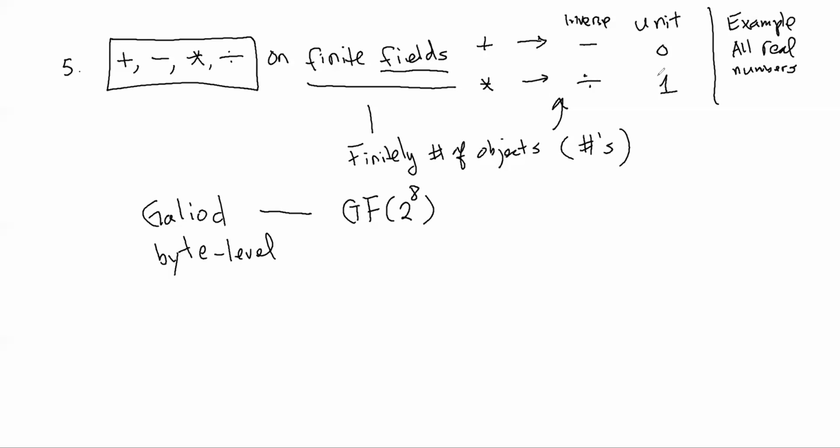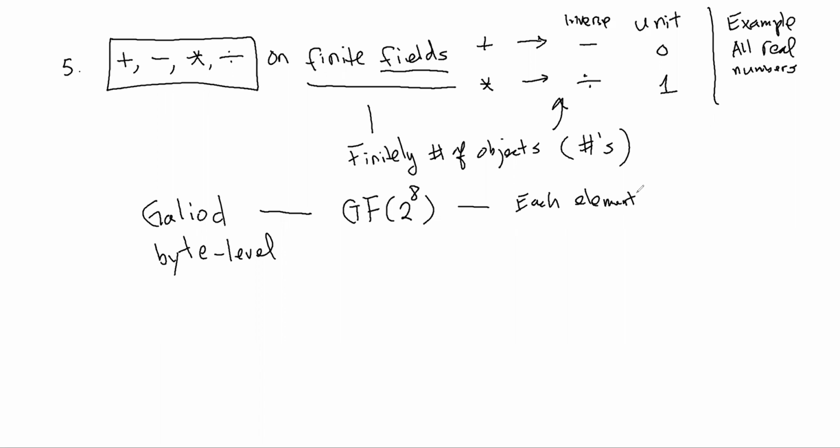So such things exist. And not only that, it has a good representation. Each element in it can be represented by a polynomial. Each element, let's not call it a number, because it's an object.